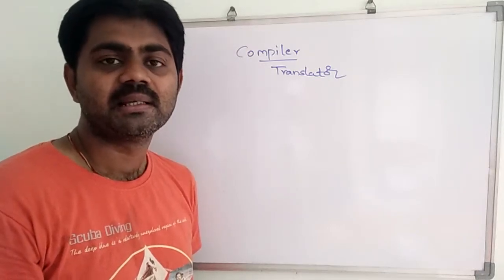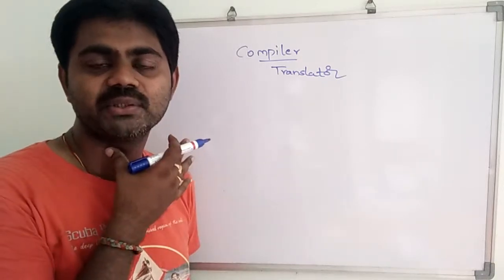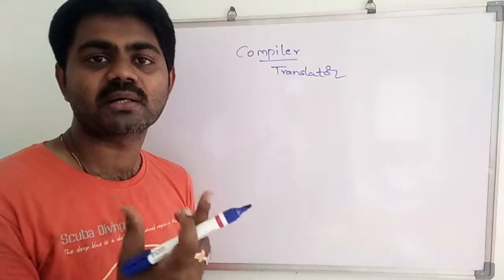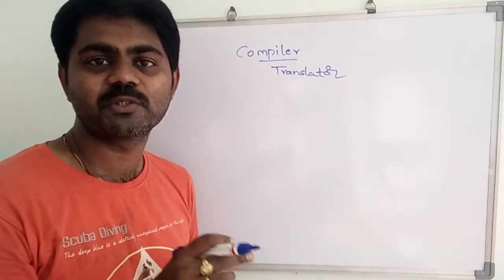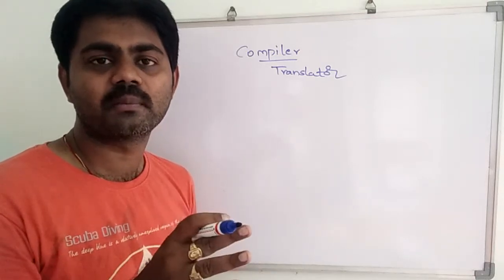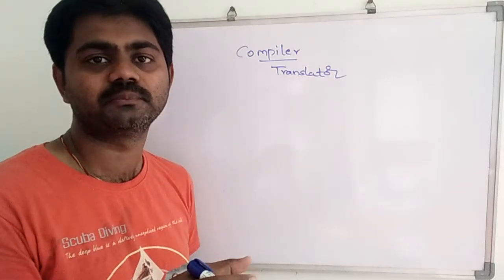He will hire a translator. Whatever he says in Hindi, the translator translates into Telugu. So here a compiler acts as a translator, which means your input will be in one form and after converting, the output will be in another form.